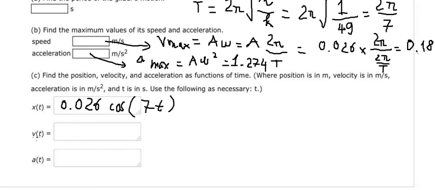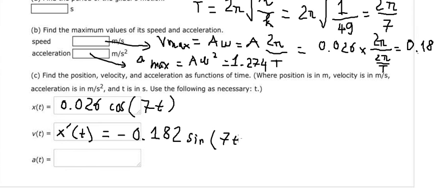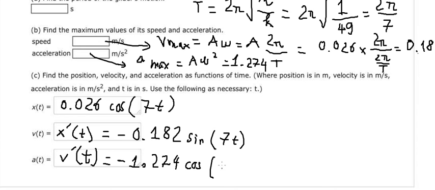So we want to find v(t). v(t) is the first derivative of s(t), and we got negative 0.182 sine 7t. And the next one, a(t) is the first derivative of v(t), and we got negative 1.274 cosine 7t.